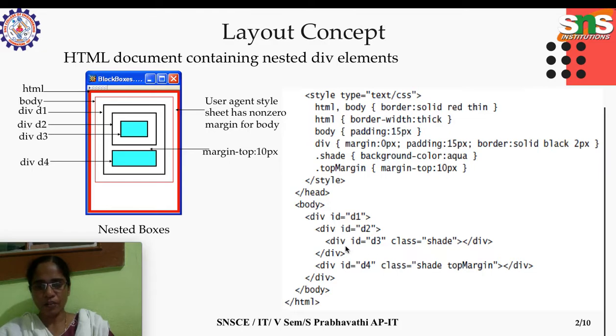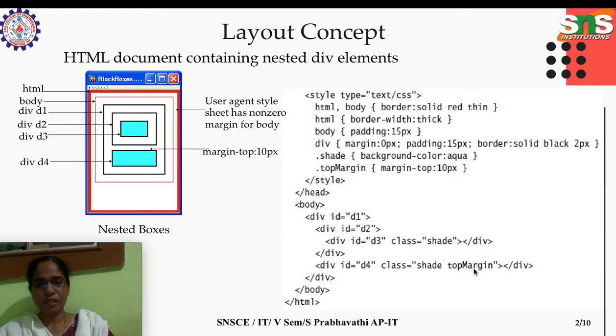Outside d3 we have div id d4, with class equal to shade and top margin. So this div id d4 has two classes, shade and top margin, and of course it has the d4 id. In CSS we define d4 using hash d4, and these classes we define using dot shade and dot top margin, because these are class names.